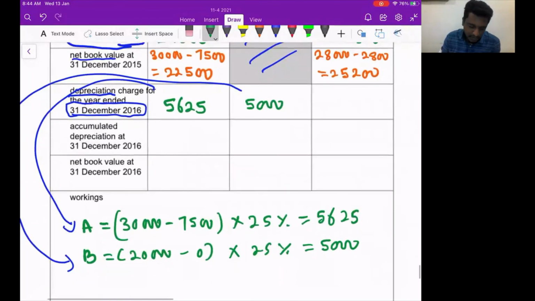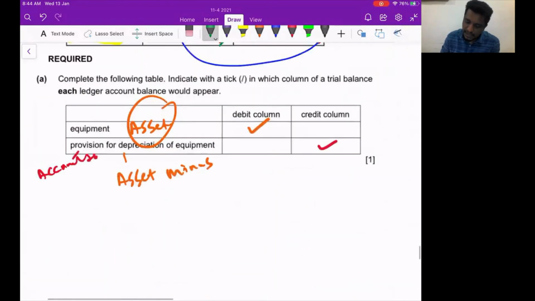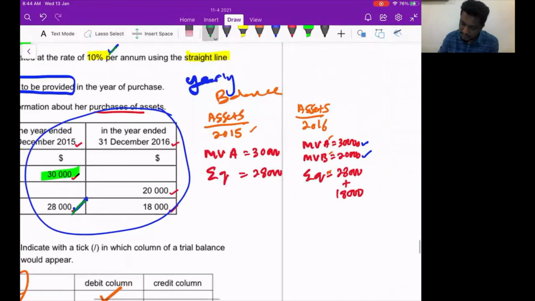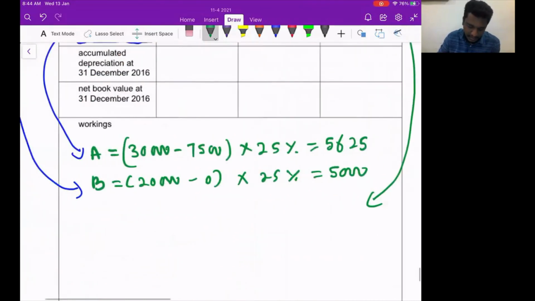Okay, next one for equipment. We calculate how much equipment you have. You have 2 equipment already, 28,000 and also 18,000. I calculate separately, then add together.